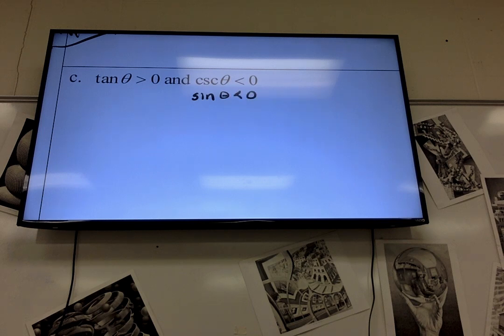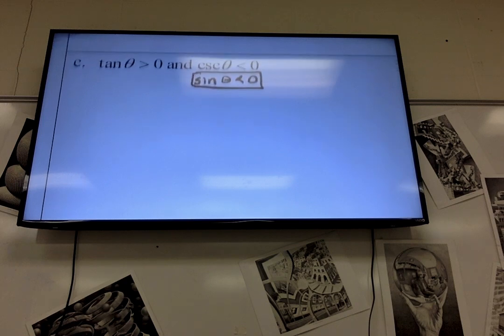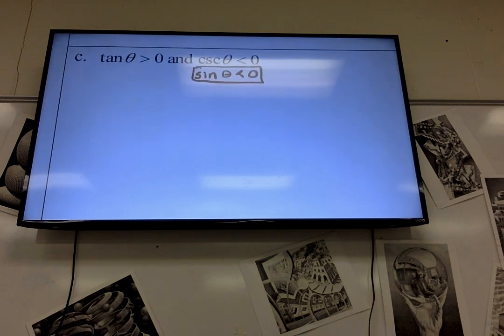So if it tells you that cosecant is less than 0, then you should know that that also means its reciprocal has to be less than 0 too. So you try to figure out which quadrant these two are both true, just like I did on A. Feel free to work together, check each other.